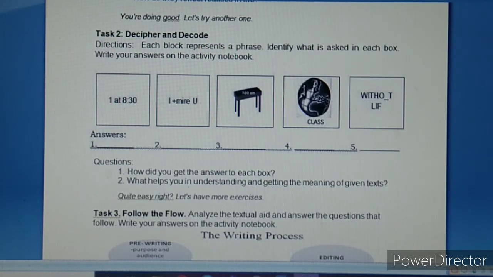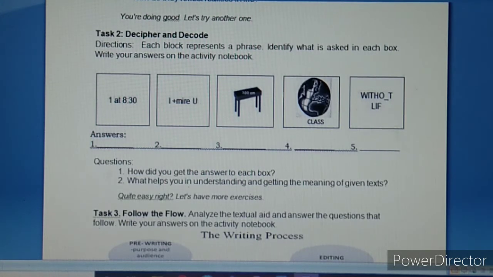Okay, so you are doing good, and let's try another one. So Task 2, Decipher and Decode. So here are the directions. Each block represents a phrase. Identify what is asked in each box. Write your answers on the activity notebook or in your answer sheet.